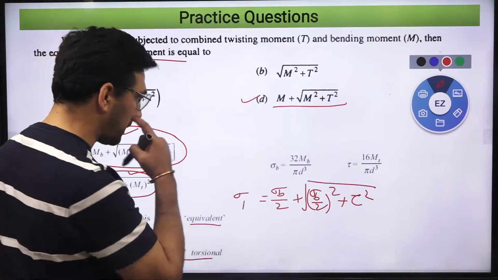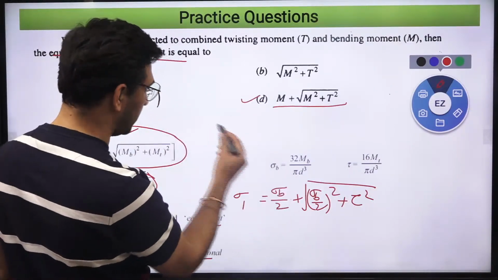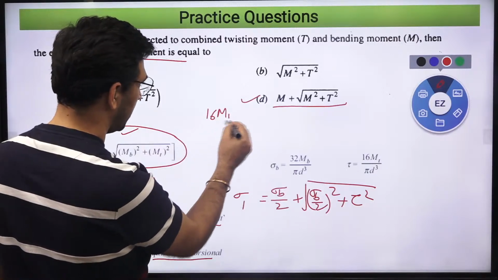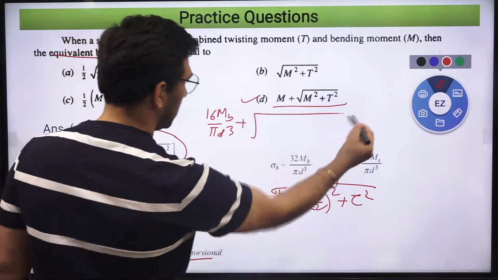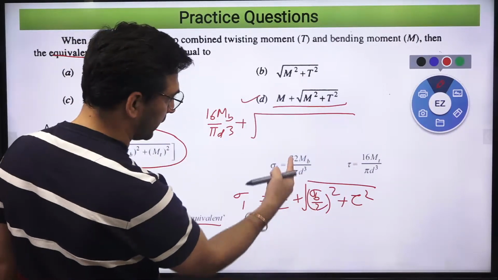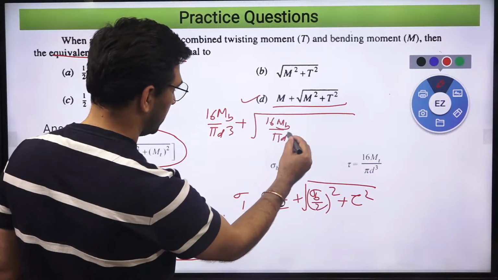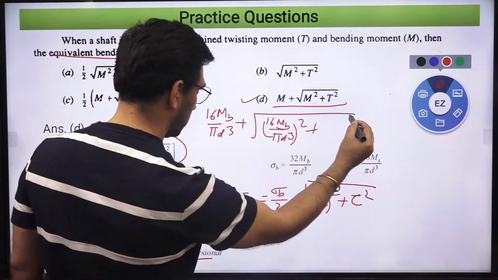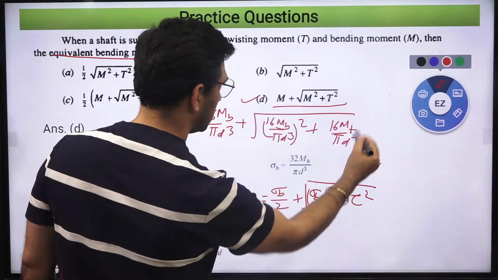This is sigma 1. Sigma b is going to be 32, so this becomes 16 mb by pi d cube, because you have 2 down there, plus the square root of 16 mb by pi d cube square plus 16 mt by pi d cube square.